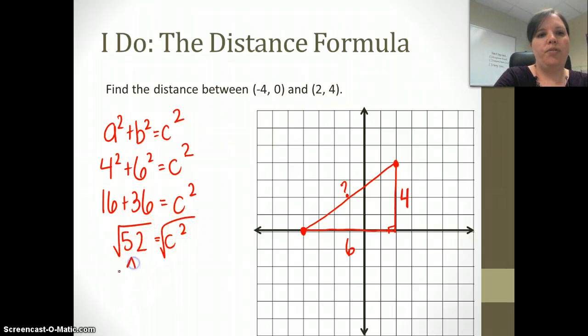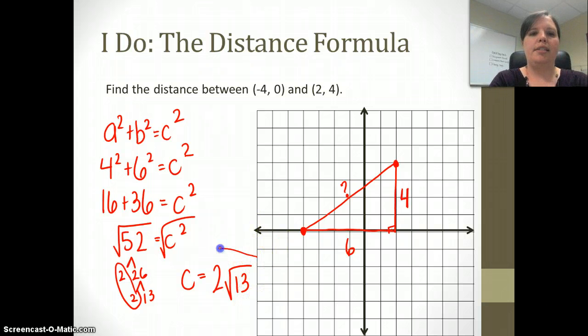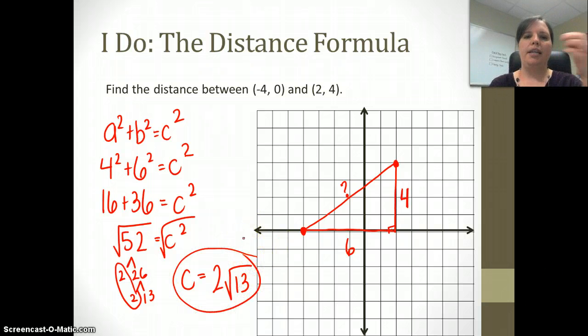And the square root of 52 is 2 and 26, 2 and 13. So I've got a pair of 2's. C equals, the distance equals. A pair of 2's came out. A 13 can't be broken down anymore. So the distance between the 2 points is 2 square root of 13.